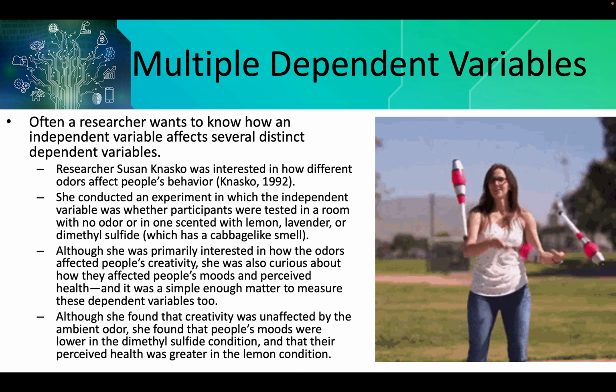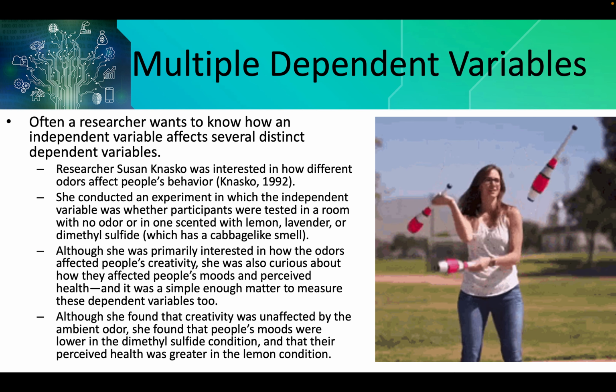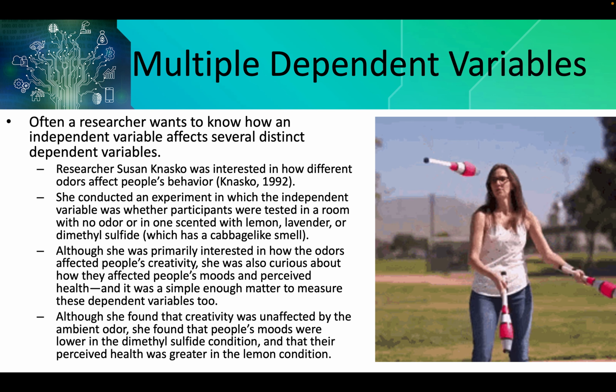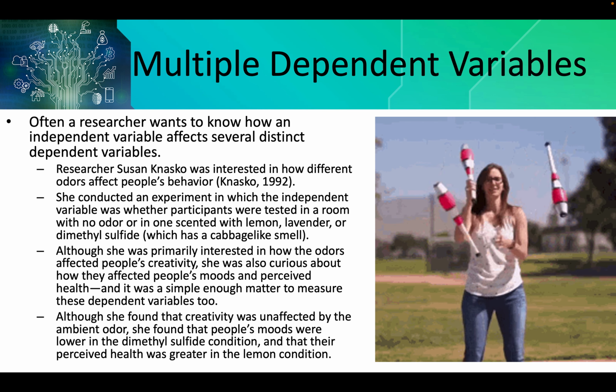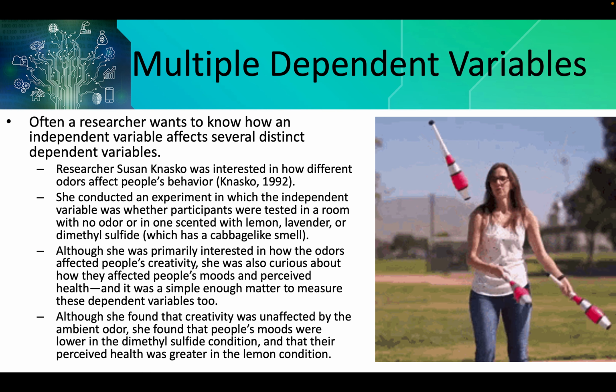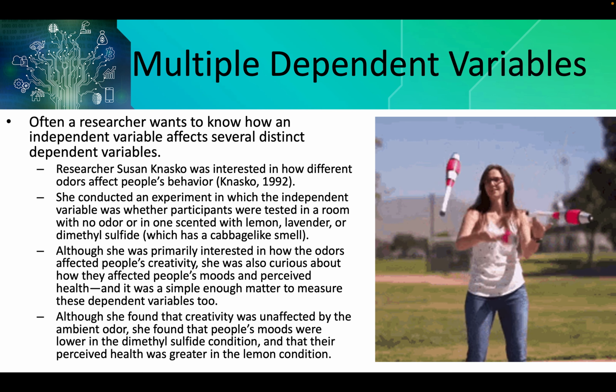Old cooked cabbage is what it smells like. Although she was primarily interested in how the odors affected people's creativity, she was also curious about how they affected people's moods and perceived health, and it was a simple enough matter to measure these dependent variables too.